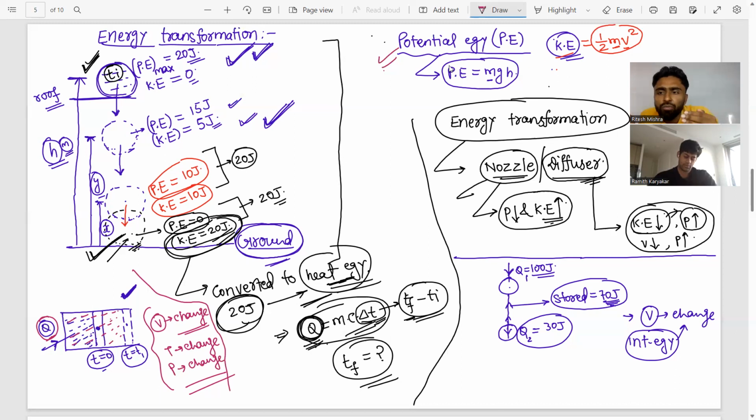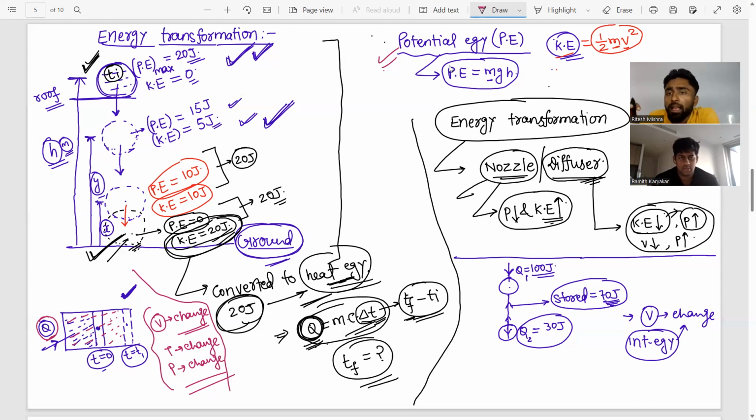If anybody asks you to tell an example of energy transfer devices, then tell them the energy transfer devices are basically turbine, compressor, condenser.